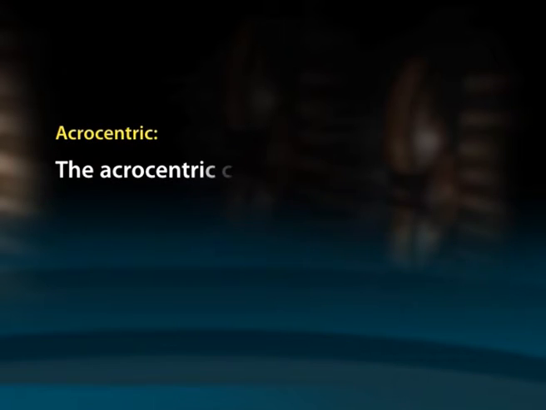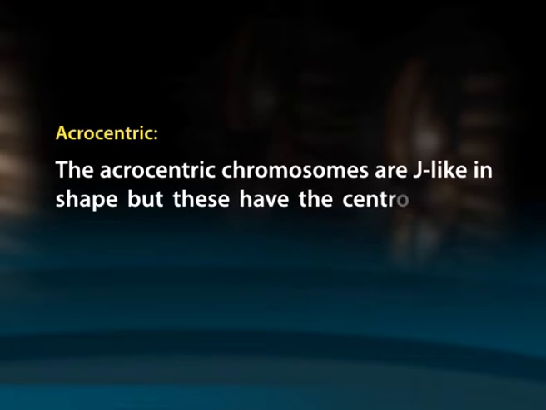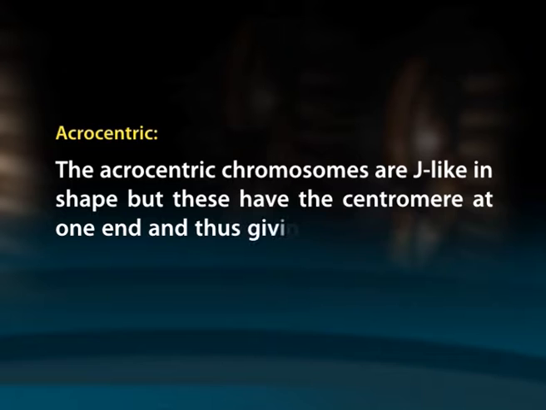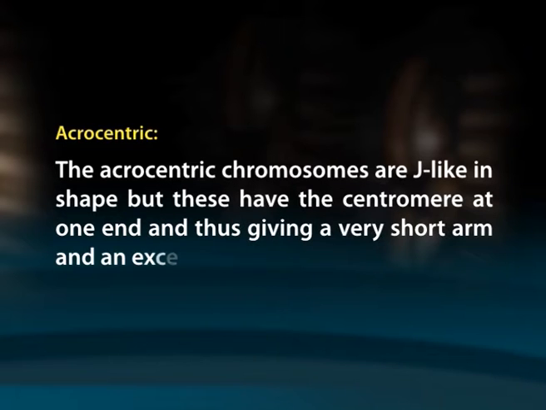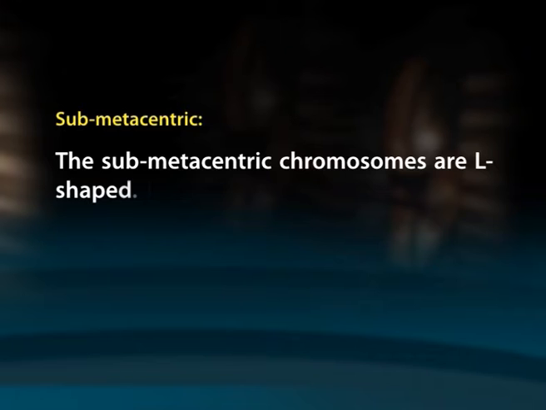2. Acrocentric. The acrocentric chromosomes are J-like in shape, but these have the centromere at one end, thus giving a very short arm and an exceptionally long arm. 3. Submetacentric. The submetacentric chromosomes are L-shaped.